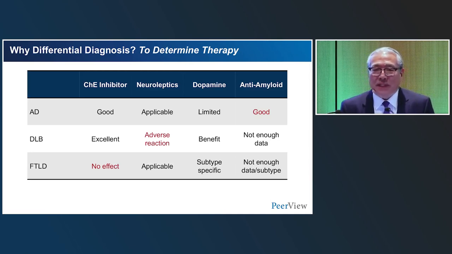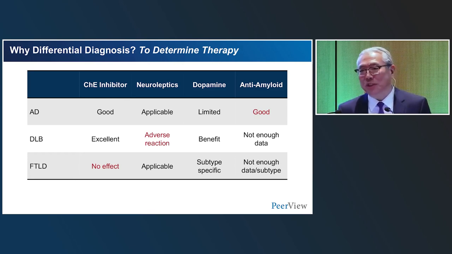So why do we have to make a differential diagnosis? It's therapy. Now anti-amyloid therapy has become available, and this works for Alzheimer's disease. But with dementia with Lewy bodies, if you try to treat patients with neuroleptics, some of them actually develop an adverse reaction to the neuroleptic.